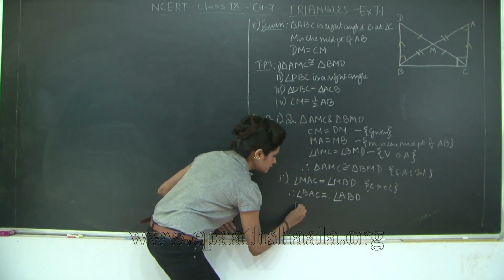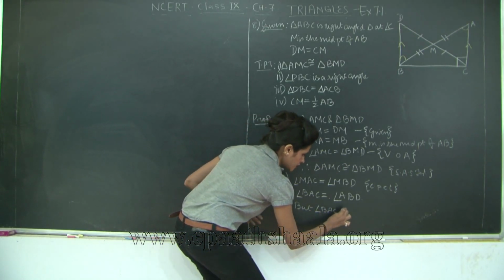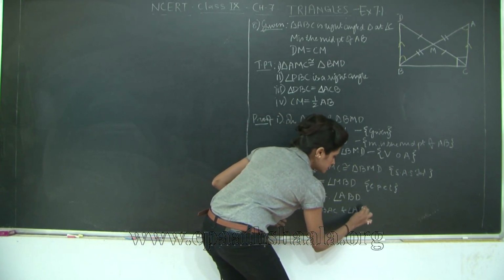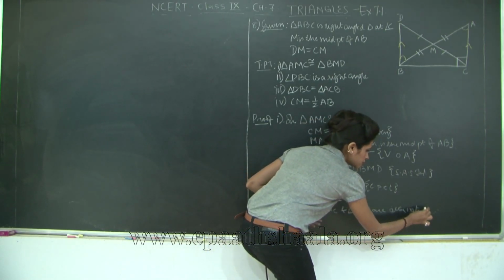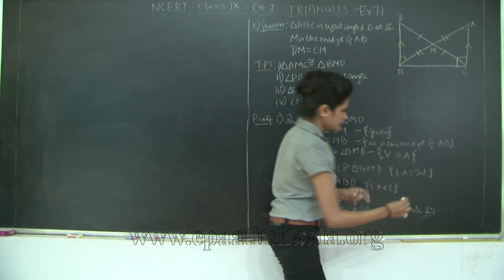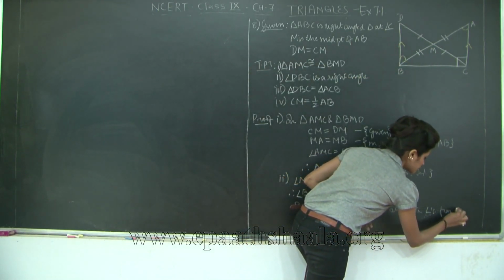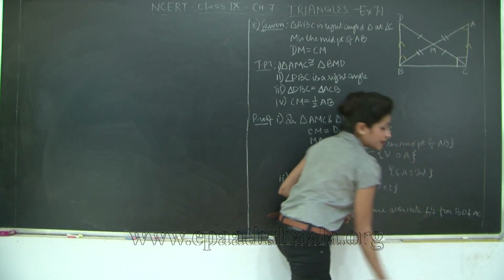But angle BAC and angle ABD are alternate angles. Angles for which line? For lines BD and AC. Therefore, what can we say?